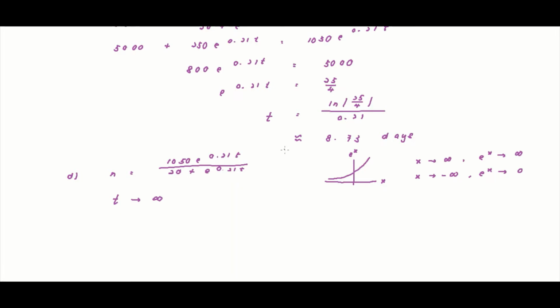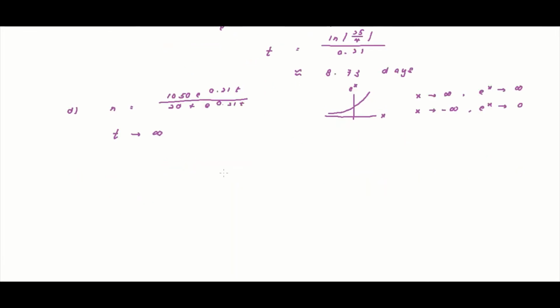So how do we do that? You can see that the e that we have here has a positive index, so what we need to do is change it to negative. Instead of solving with two exponentials here, what we try to do is divide everything. So imagine when I divide every term by e^(0.21T), what do I get? I get N equal to 1050 on the numerator, right?